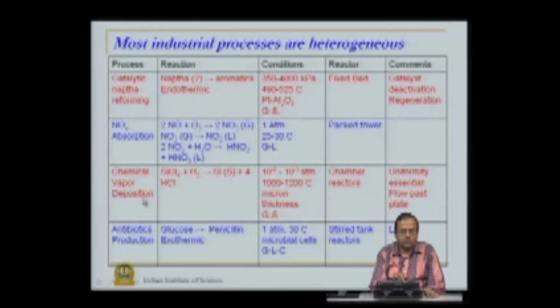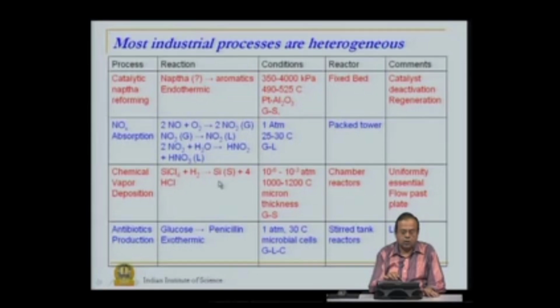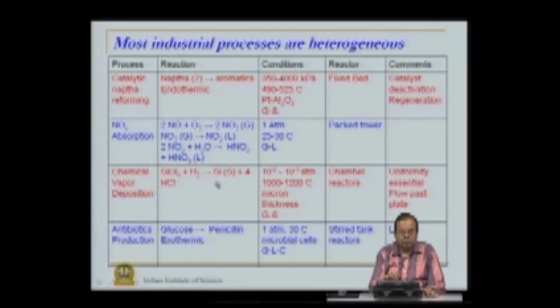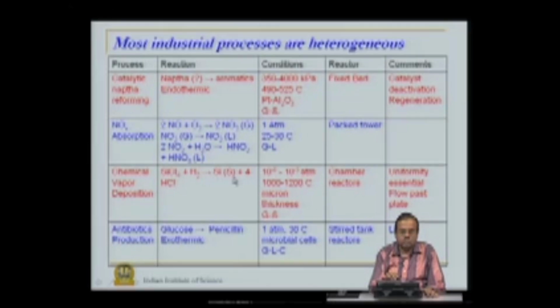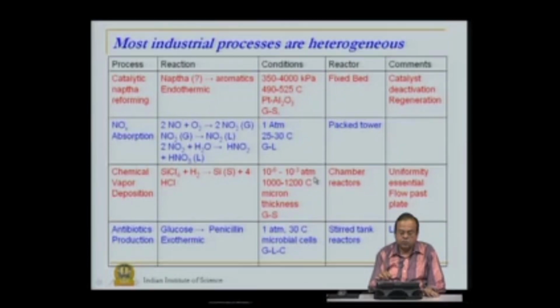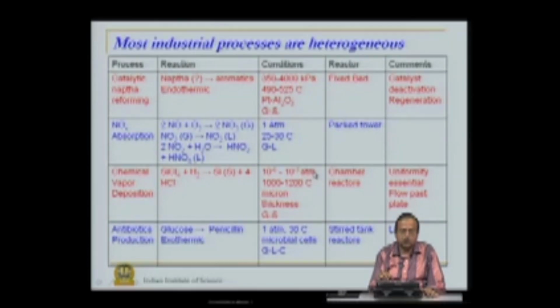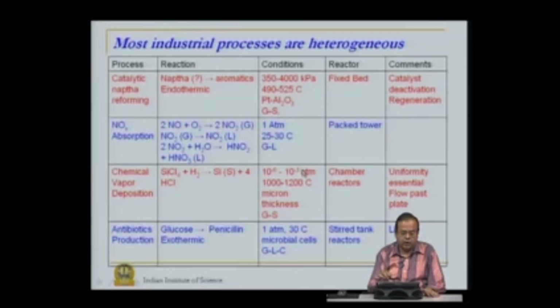So, you want to get pure silicon in the form of plates or whatever. It is done by silicon tetrachloride reduction. So, it is gas phase chemical reactants resulting into solid product, and so gas solid reactions occurring at extremely high temperatures, but extremely low pressures. So, wide variety in terms of operating conditions.